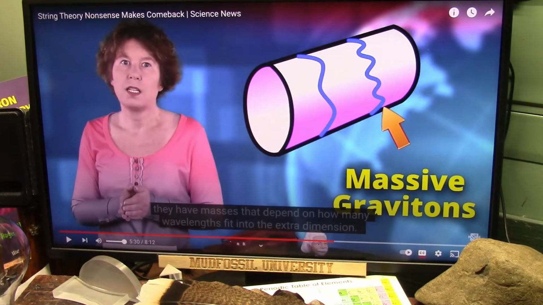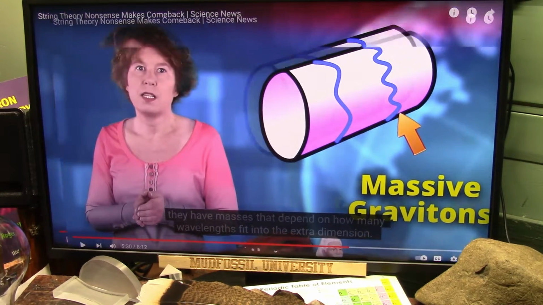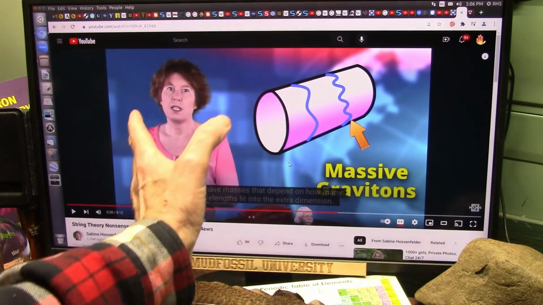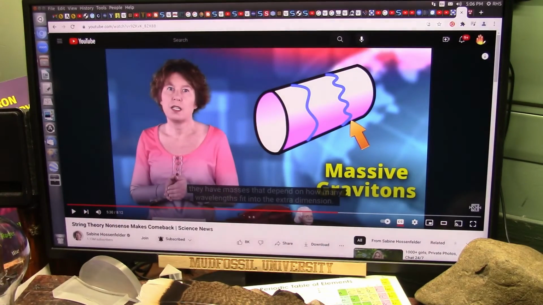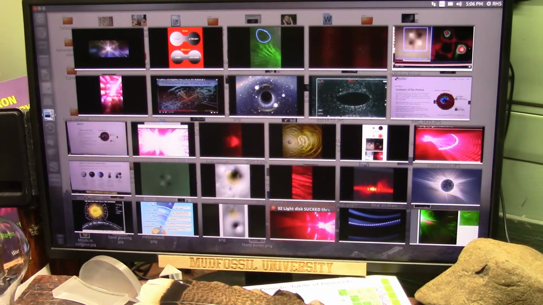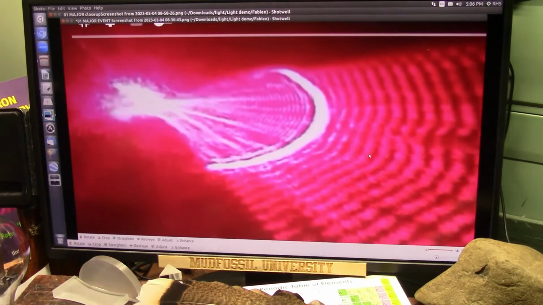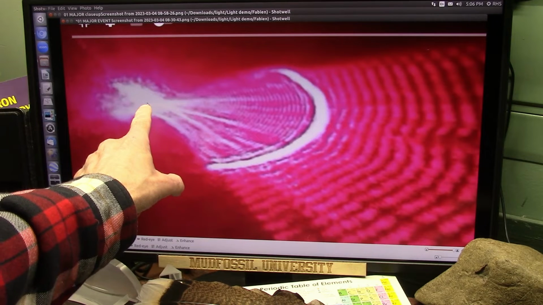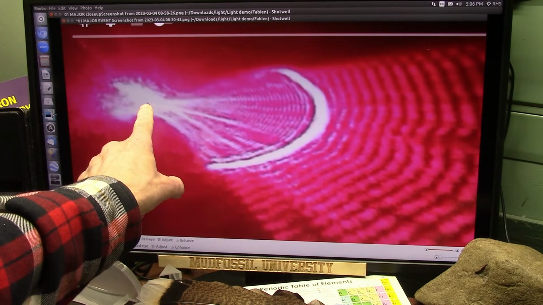All right, let me just jump over here because I want to be sure you understand that. She's talking about these gravitons, which are the field waves. And here they are right here in our experiments. These are those field waves, very, very close to the source emitter.